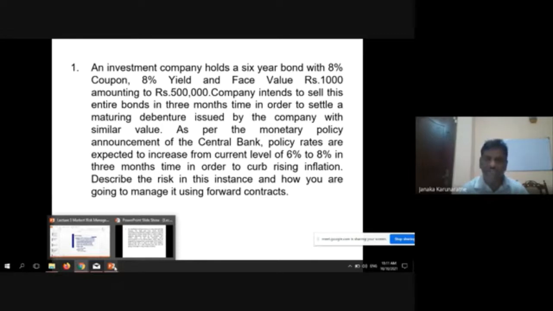Short a 3 months forward contract. It's pretty simple, it's not magic. Earlier you shorted futures, now you short forward. So what happens?